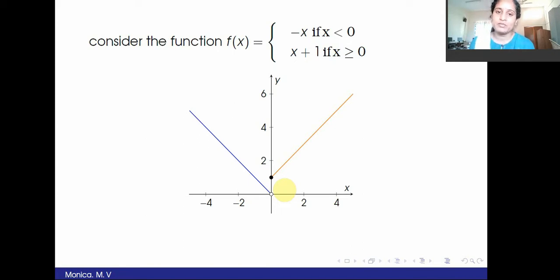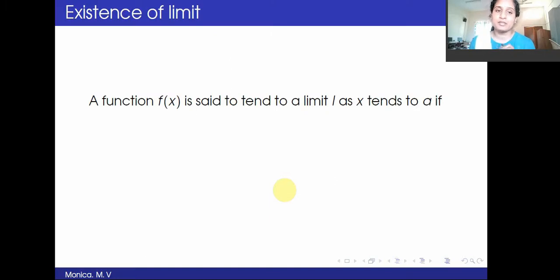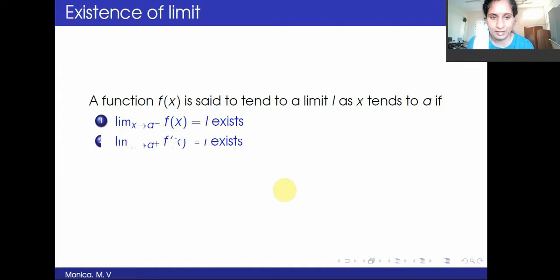So, then what do we call as the limit of a function? Existence of limits. A function f of x is said to tend to a limit L as x tends to A if, what are the conditions for existence of limit? Not only left or right, in general a limit only. Limit x tending to A minus f of x equal to L exists, that is the left hand limit exists. Limit x tending to A plus f of x is equal to L exists, that is the right hand limit exists.